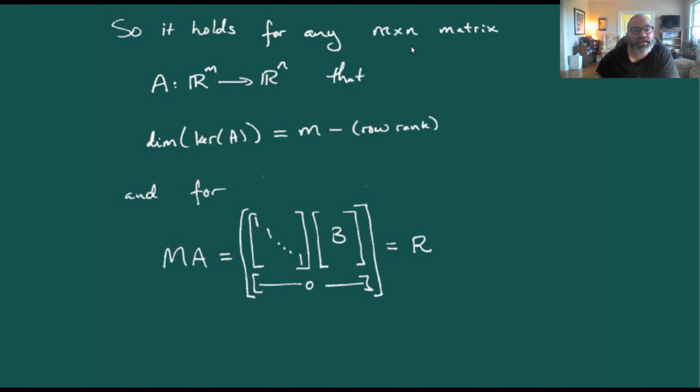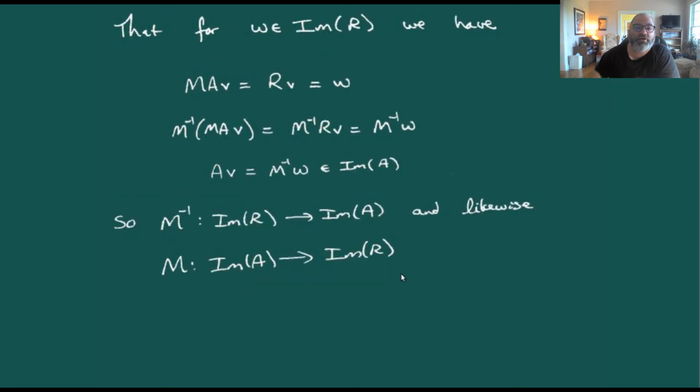So it holds for any m by n matrix A from R to the n into R to the m that the dimension of the kernel of A is equal to m minus the row rank. And for M times A equal to this matrix R, for w in the image of R, we have M times A times v equal to R times v, but that's w.